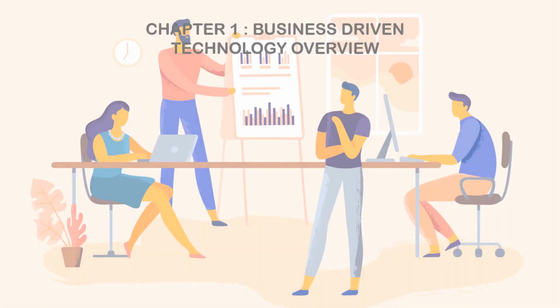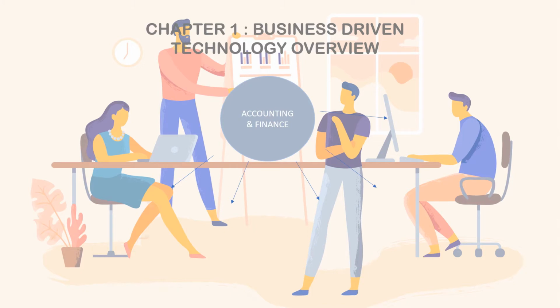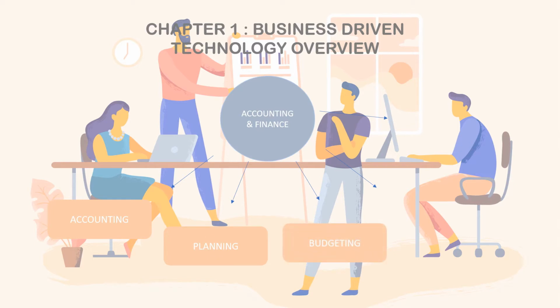Let's move on to accounting and finance. In accounting and finance, they have five sections: firstly accounting, secondly planning, thirdly budgeting, the fourth is tax, and last but not least is cost.